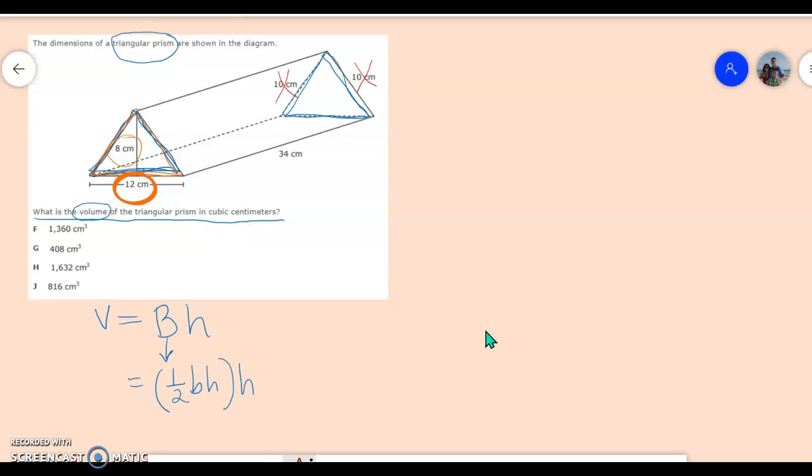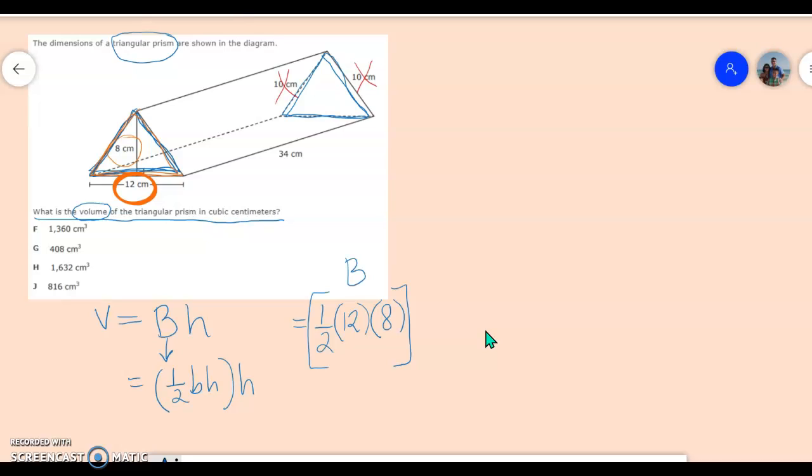So I'm going to come back into my formula, and I'm going to now say 1/2, and I'm going to utilize parentheses to show that I'm multiplying 12 times 8. And that, guys, is going to be the area of my triangular base, known as the capital B in the formula.